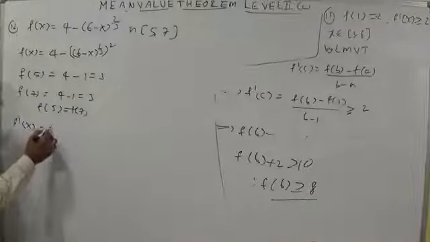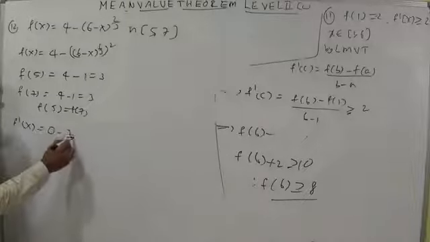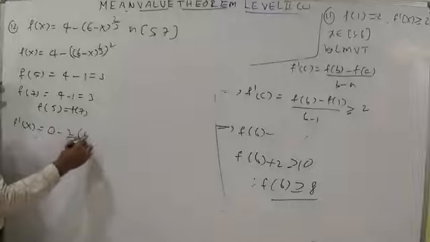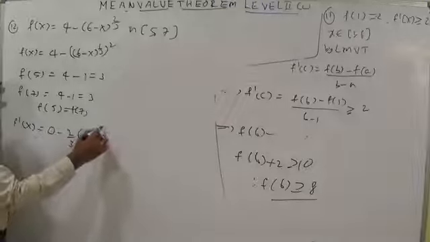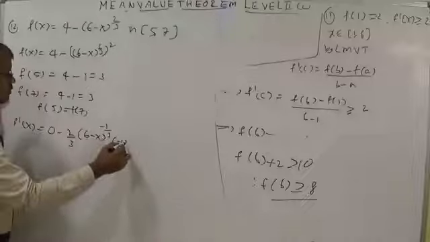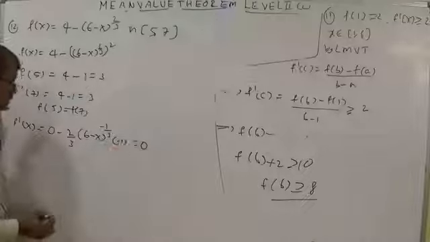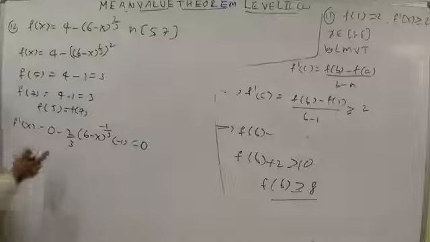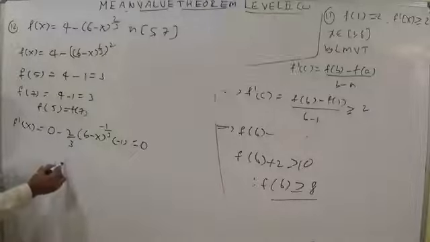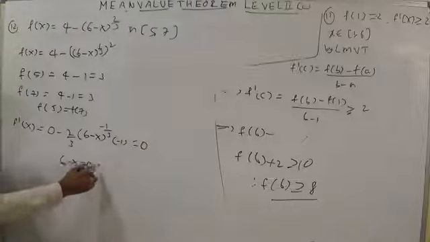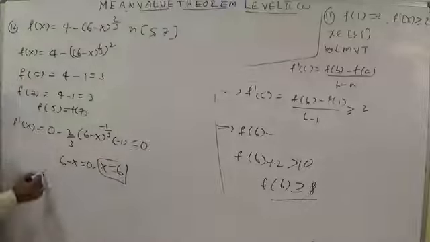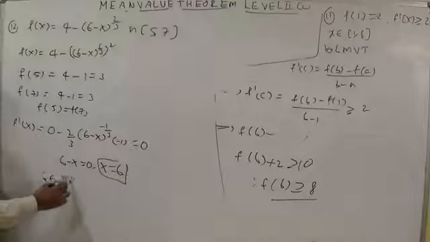So now calculate the derivative: f dash x equal to 0 minus 2 by 3 into (6 minus x) whole power 2 by 3 minus 1, that is minus 1 by 3, into internal derivative minus 1, equal to 0. Minus and minus cancel, becomes plus. So 6 minus x equal to 0, x equal to 6. So x is equal to 6, and 6 lies between 5 and 7.